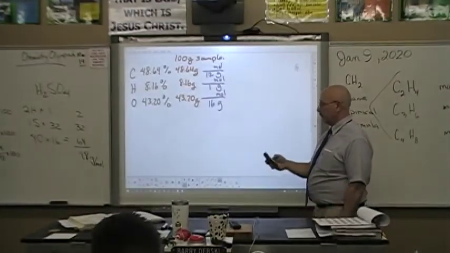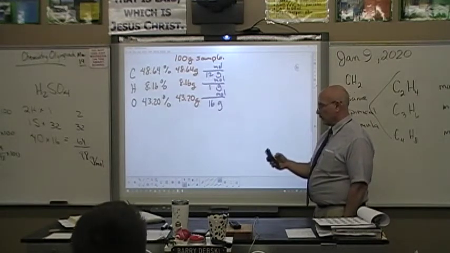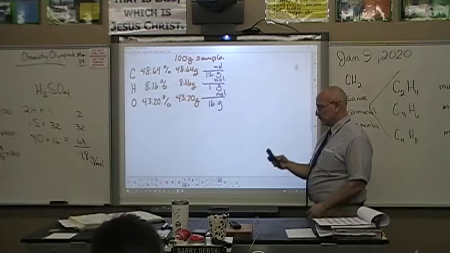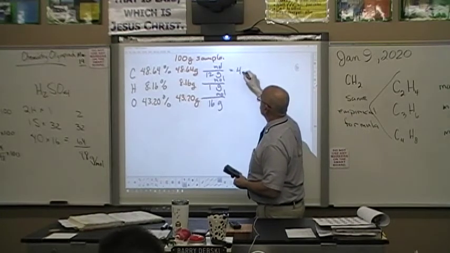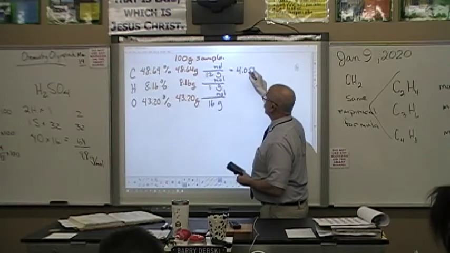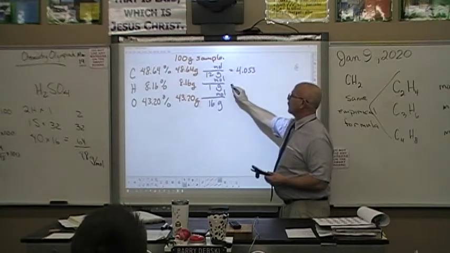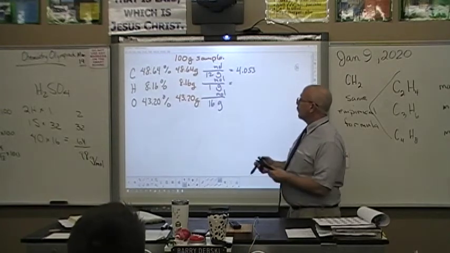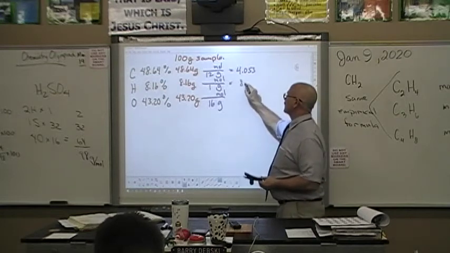Okay, first one's going to be 48.64 divided by 12, 4.053. I'm going to leave a couple extra decimals in the middle here for a reason, okay? So I'm not worried about sig figs right now. 8.16 divided by 1 is 8.16, good.